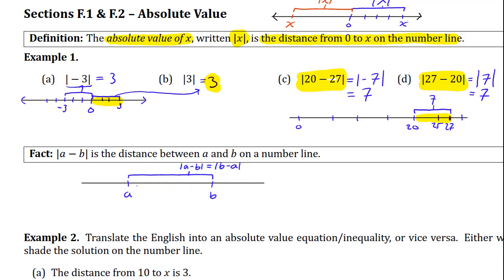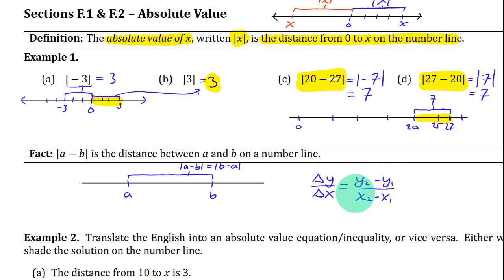This is different from when you talk about slope, like when you do delta y over delta x, and you do y2 minus y1 to get the change in y, and x2 minus x1 to get the change in x.